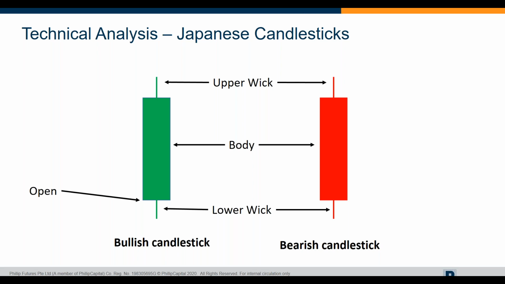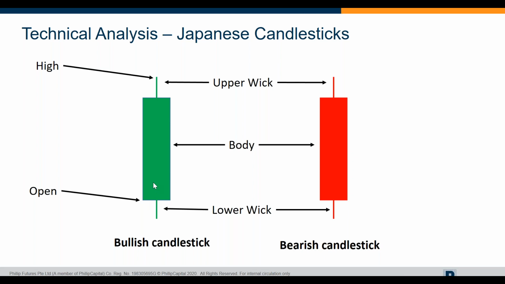So let's hop on to the bullish candlestick. So what does all this mean? For a green candle, the start or the lower line of the body is actually the open price. So let's say this candle opened at this price. During the trading period, a candlestick can mean a 15-minute candle or a 1 hour candle.